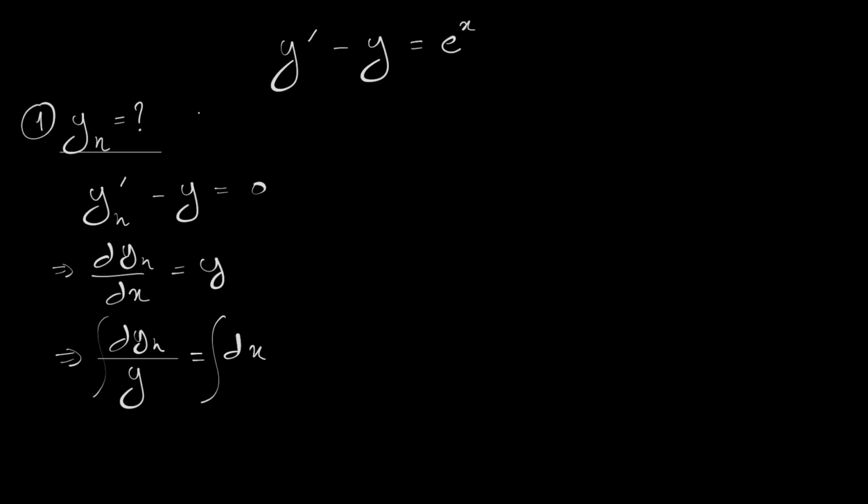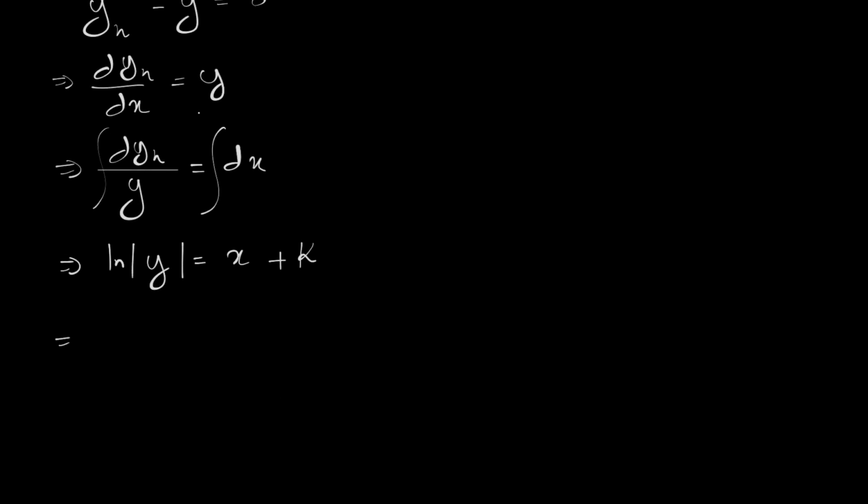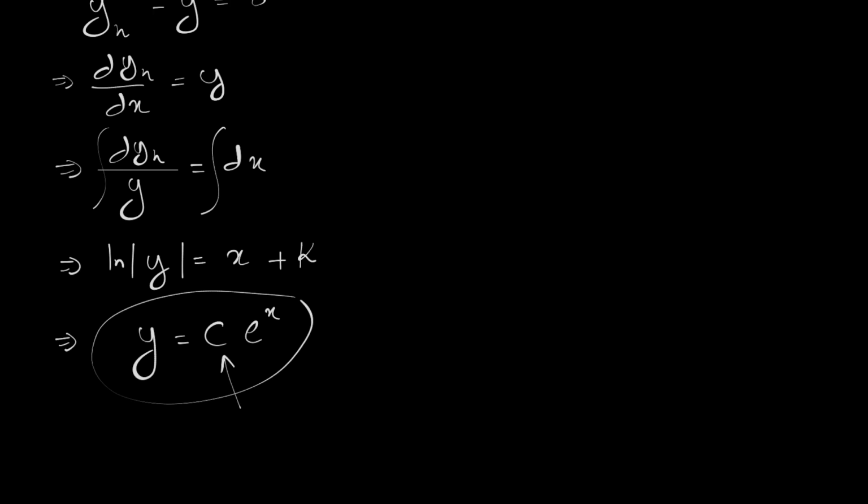Then we integrate to find the logarithm of y equals x plus k. Then we use the exponential to write this. As I said before, we omit the absolute value because c can be positive or negative. Now we found our homogeneous solution.